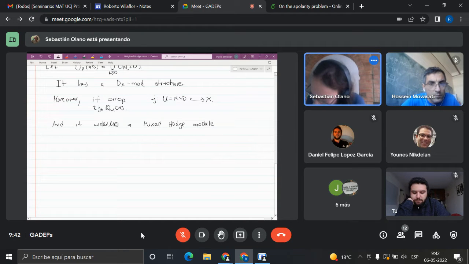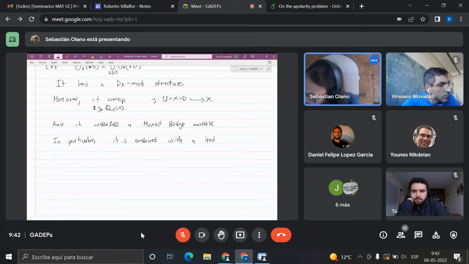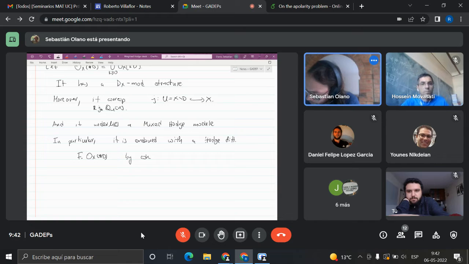And probably the most interesting one for this talk is that it has a Hodge filtration. Okay, it is endowed with a Hodge filtration. We're going to use this notation, F_bullet O_X(*D). And each F_p O_X(*D) is a coherent O_X-module.